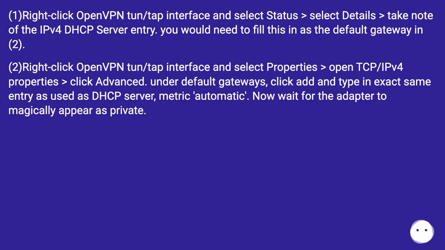You would need to fill this in as the default gateway in step 2. 2. Right-click the OpenVPN/tap interface and select Properties, then TCP/IPv4 Properties, and click Advanced. Under default gateways, click Add and type in the exact same entry as used as the DHCP server, metric automatic. Now wait for the adapter to magically appear as private.